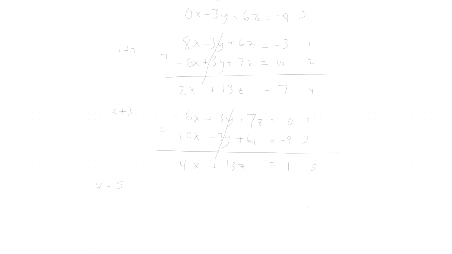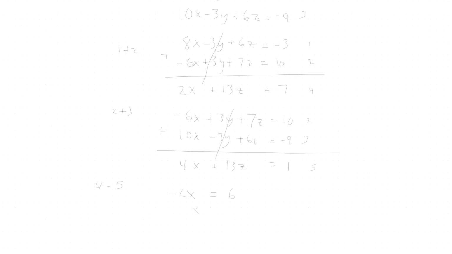That'll be negative 2x. Good. So negative 2x equals 7 minus 1. How much? That'll be 6. Okay, so divide both sides by negative 2, and we'll get x equals negative 3.